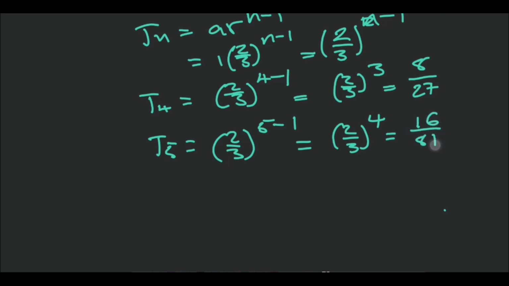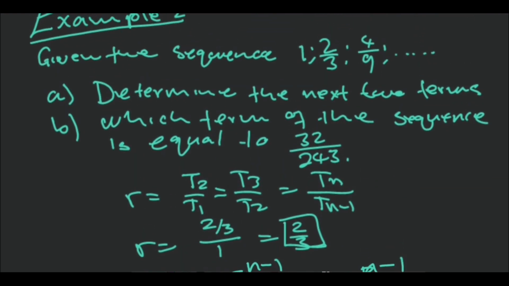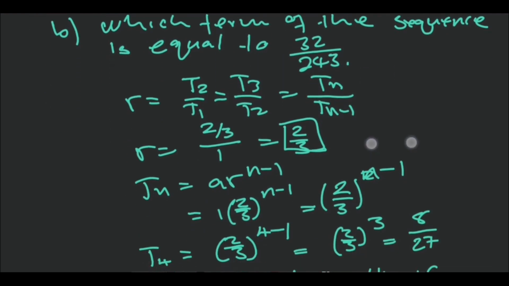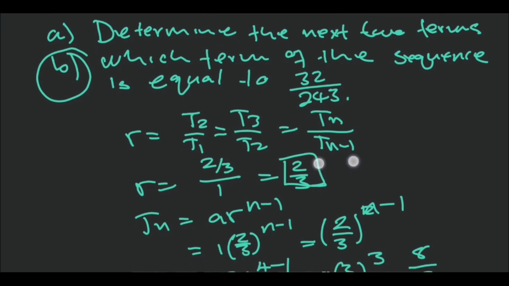So we're pretty much done with part A. Let's go on to part B, which asks which term of the sequence is equal to 32 over 243.